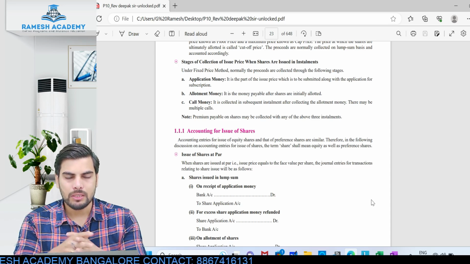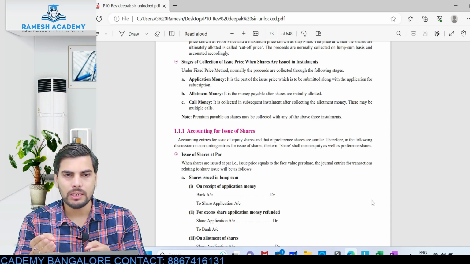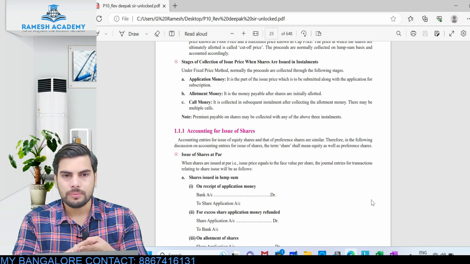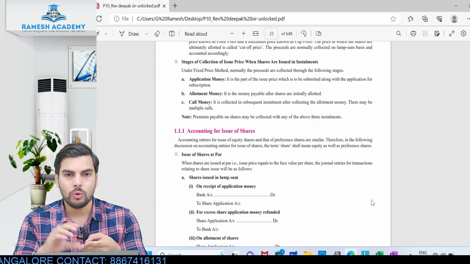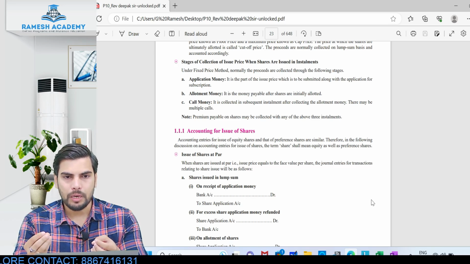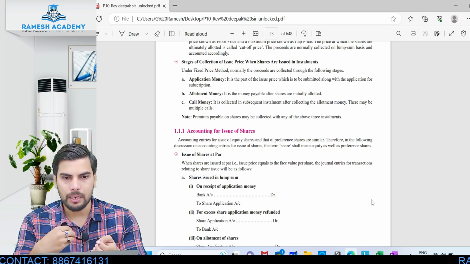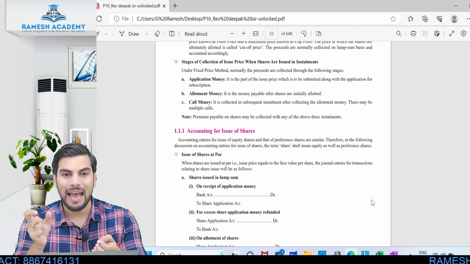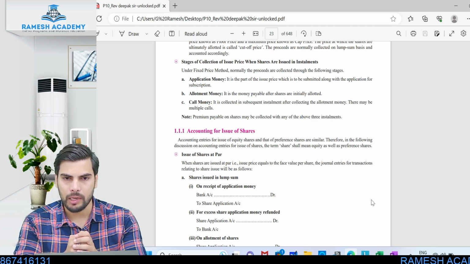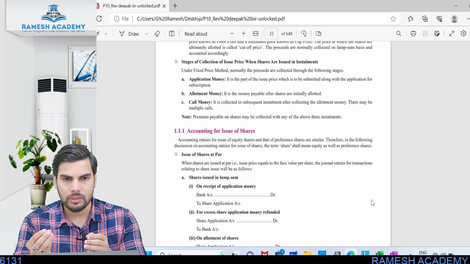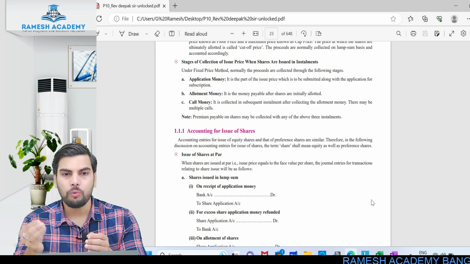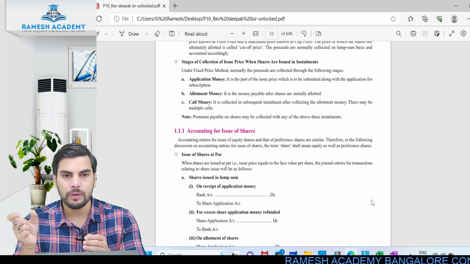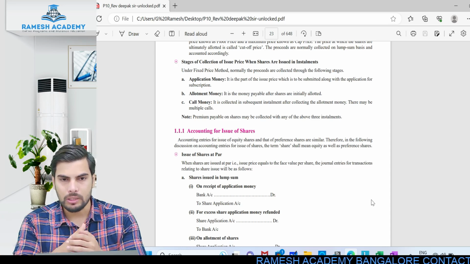After this, we discussed three more terminologies, that is full subscription, over subscription and under subscription. Whenever you're supposed to pass the journal entry with respect to receiving the application money, you need to check the actual application which was applied by the public. Let's say the company issued 10,000 shares, whereas public applied for 12,000 shares. It means that the company would have received the application money not pertaining to 10,000, rather 12,000 shares.